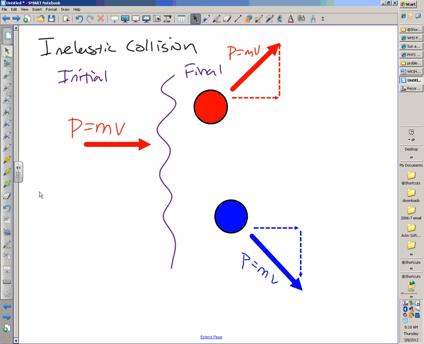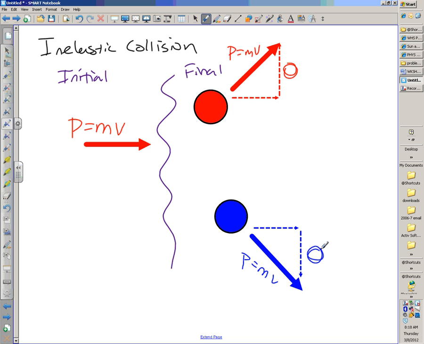If the red object was originally moving along the x-axis, what should we see about this one and this one? They should be equal but opposite in direction.